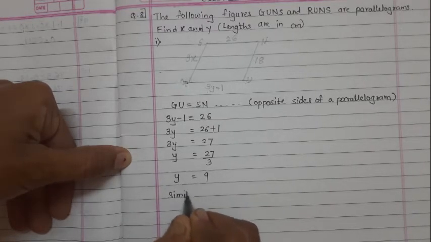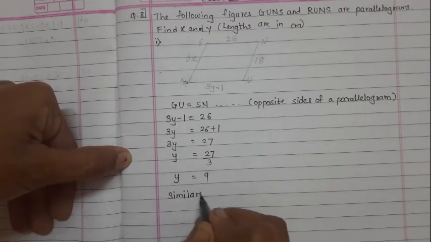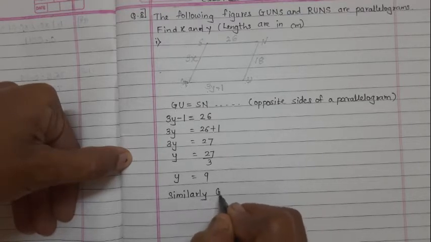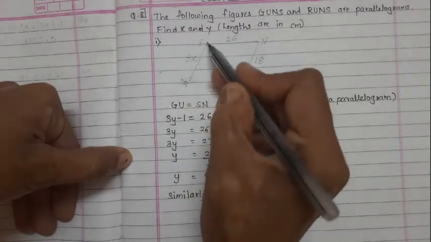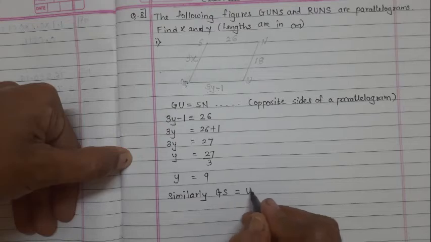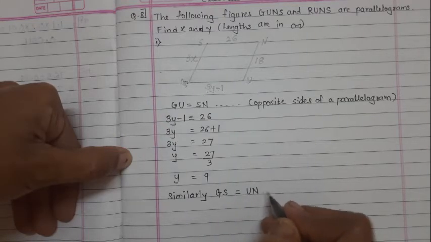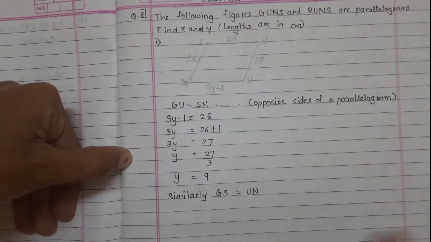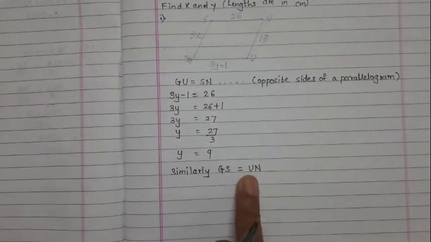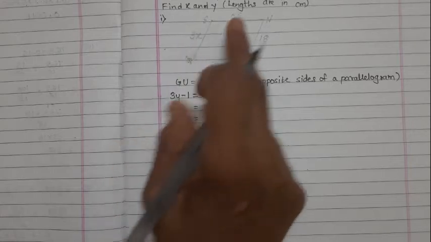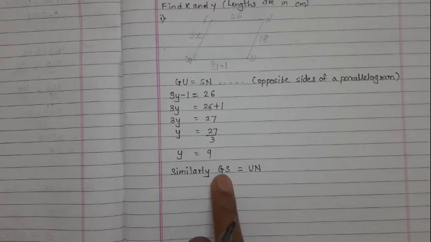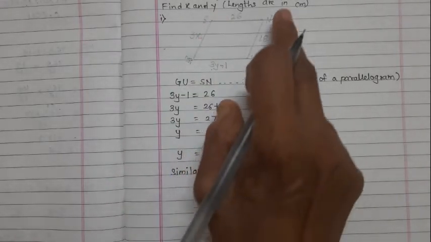Similarly, GS is equal to UN. Why? Because opposite sides of a parallelogram are equal. In the same way, these are also opposite sides of this parallelogram, so they are equal. So GS is equal to UN.